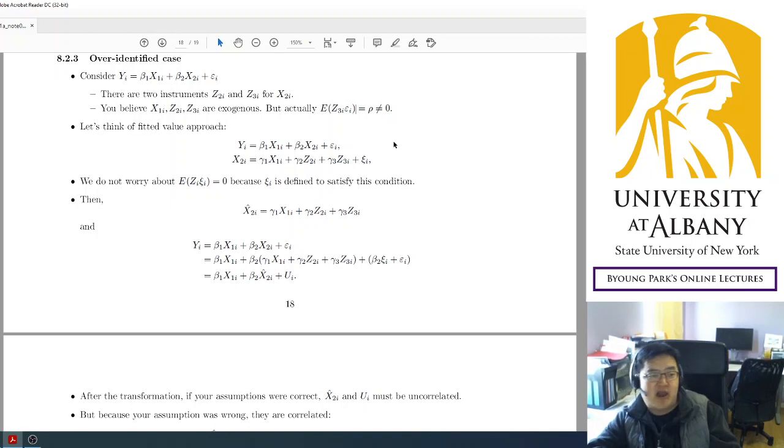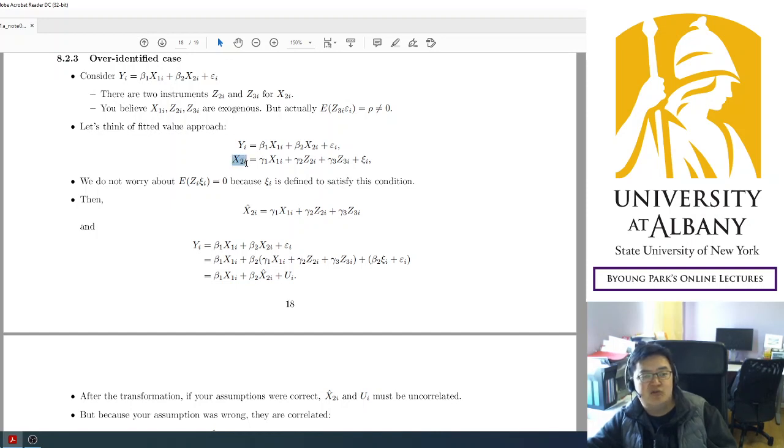It's interesting, but now we are going to think about a fitted value approach, because now we have to handle three variables. So a 3 by 2 matrix is not easy to handle as before. So 2 by 2 is maybe the maximum we can handle for the inverse of the matrix. So we are not considering the matrix approach, but we will take this fitted value approach.